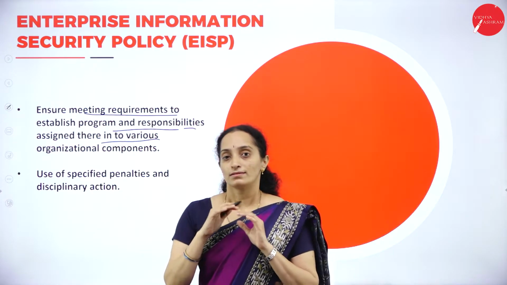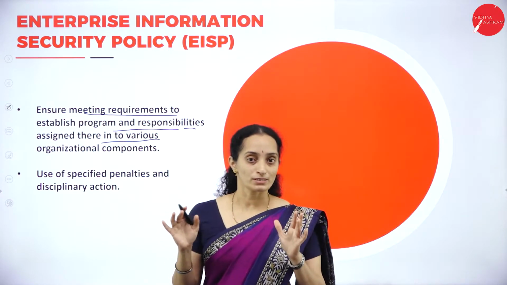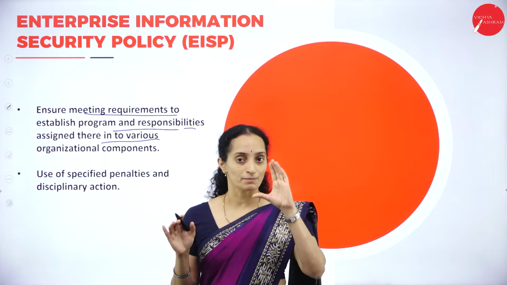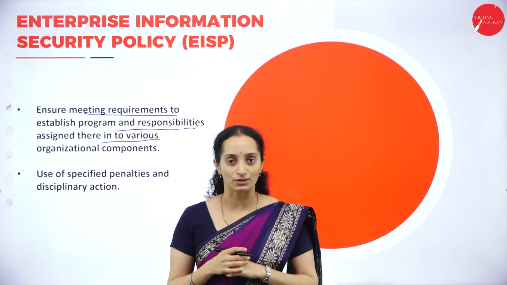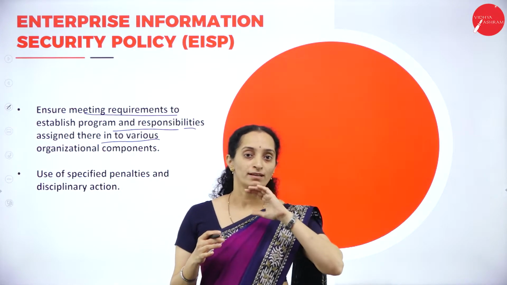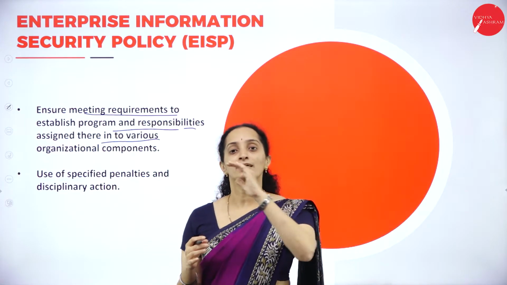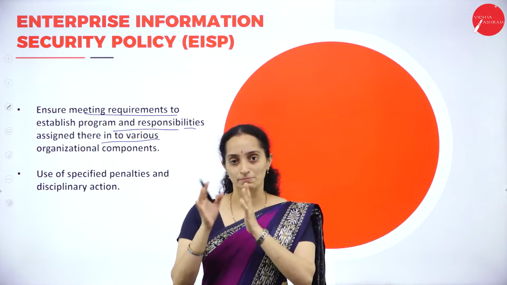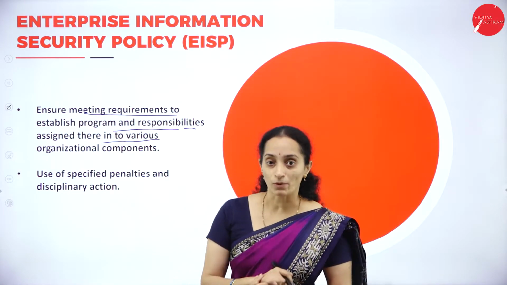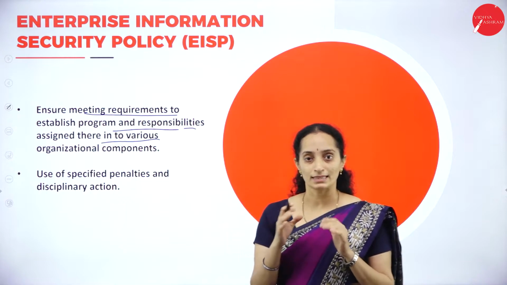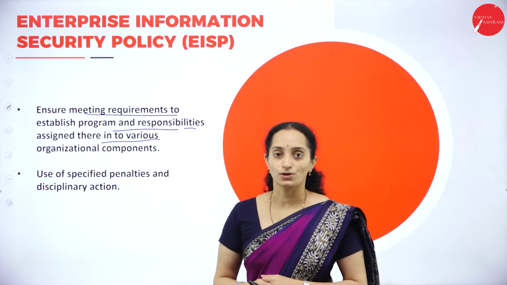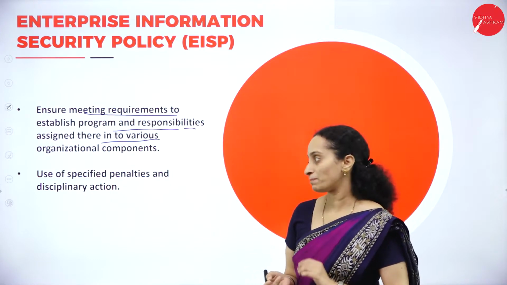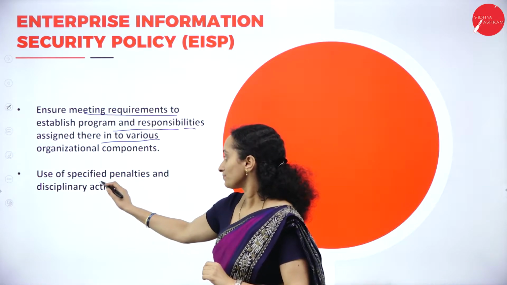How do you distribute the responsibility of security? Security will not be at a single level. There will be multiple levels of security. What level of security will be handled by which person, and what are the responsibilities of that person at that level must also be ensured and kept as a document.